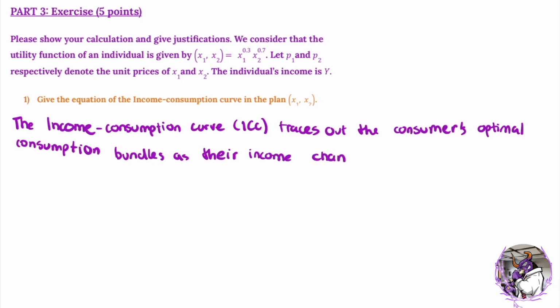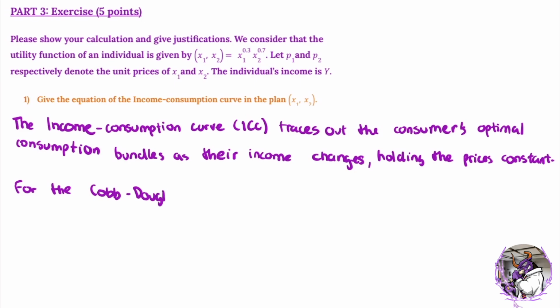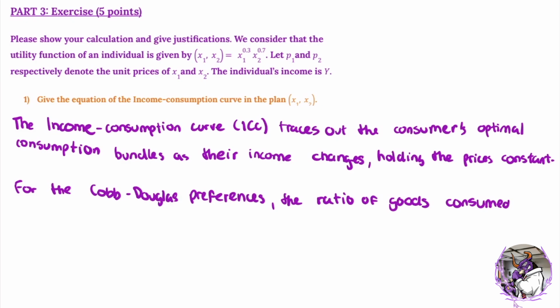Moving on, given the utility U(x1, x2) equal to, as we previously mentioned, x1 to the power of 0.3, x2 to the power of 0.7, the ratio we need to calculate, x1 divided by x2, will be equal to 0.3 divided by 0.7.